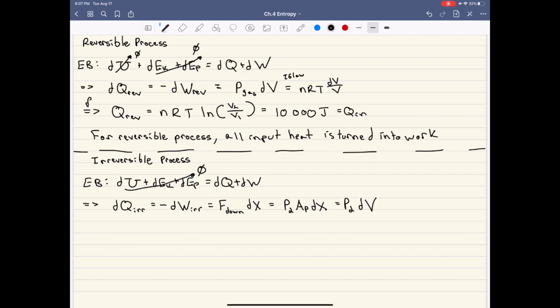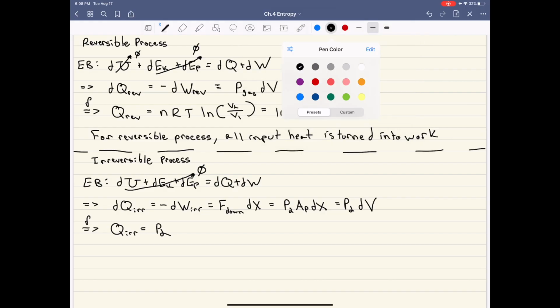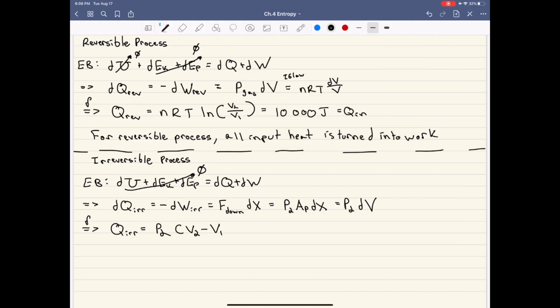And so to get the Q irreversible for this system, all we have to do is integrate. So we get Q irreversible is equal to P2, because this is a constant now, times volume 2 minus volume 1.